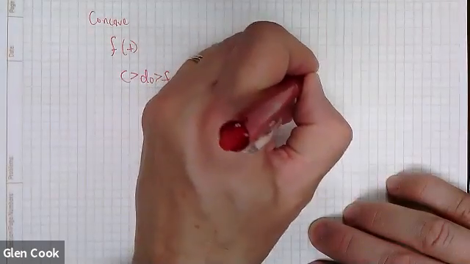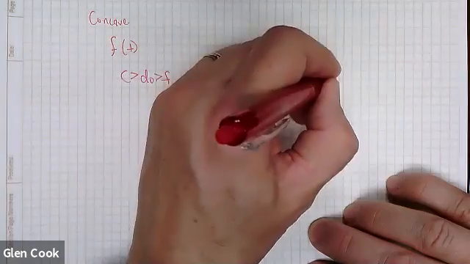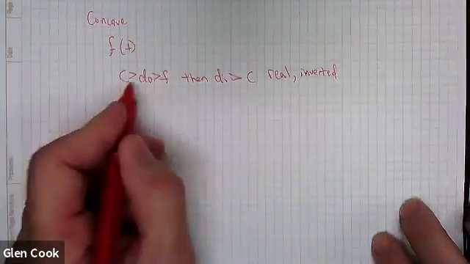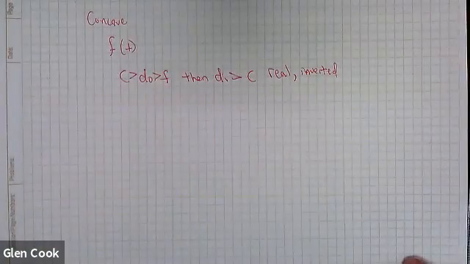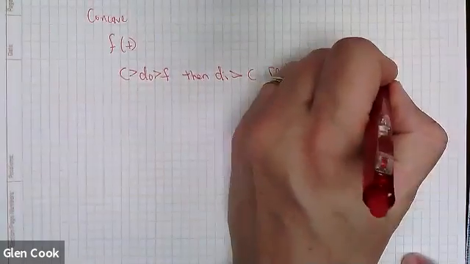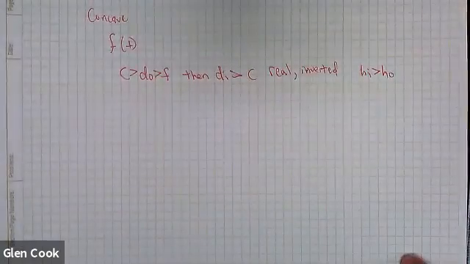It will be inverted. It looks like this. It'll be real, inverted, and HI will have a magnitude that's greater than HO.